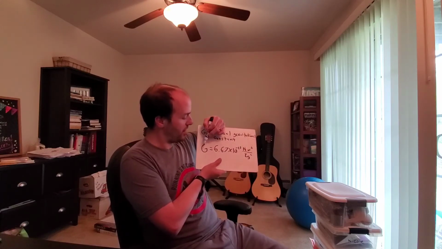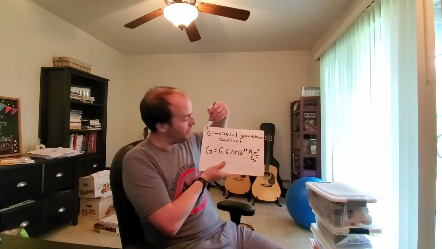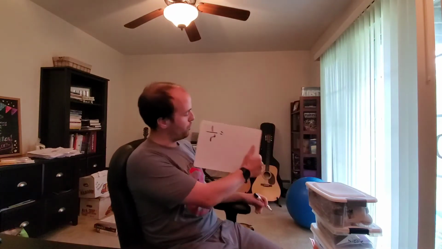It's important that you understand that this must be a capital G. Capital G represents this value. Lowercase g represents the acceleration due to gravity near the surface of a planet or a moon or a star. Make sure you keep those two things separate. Now, what I want to talk about moving on is this 1 over r squared.